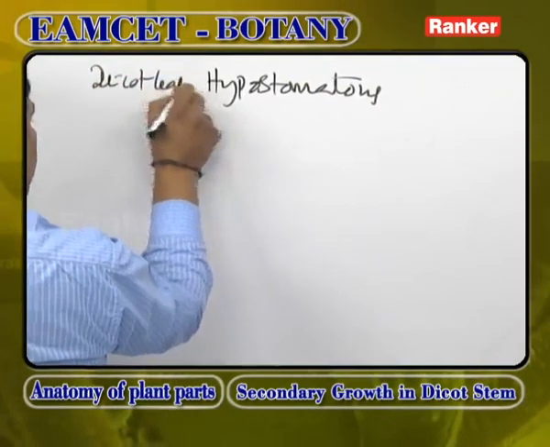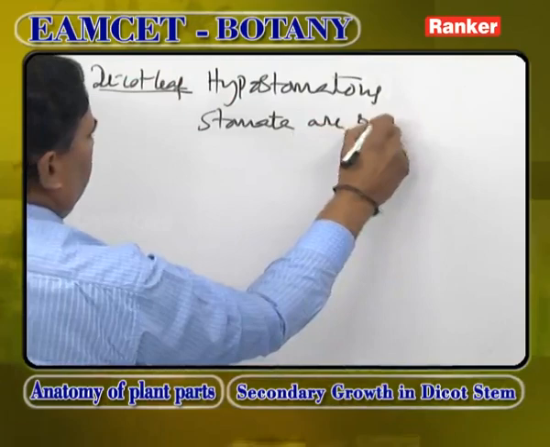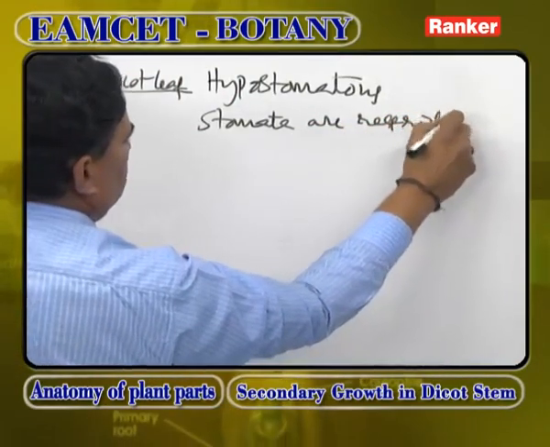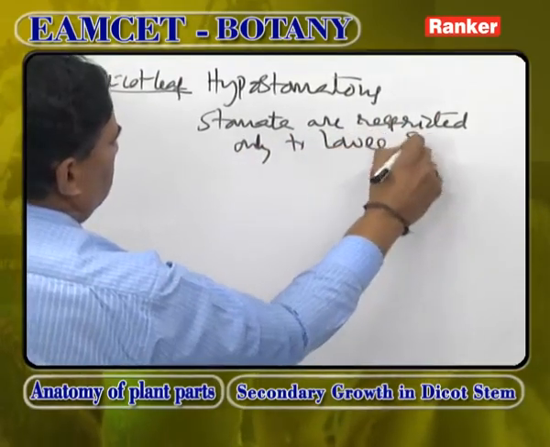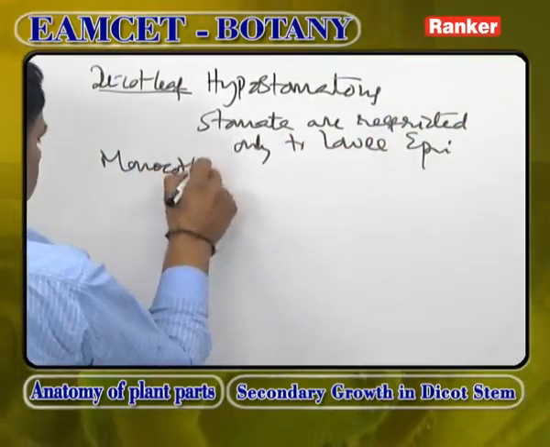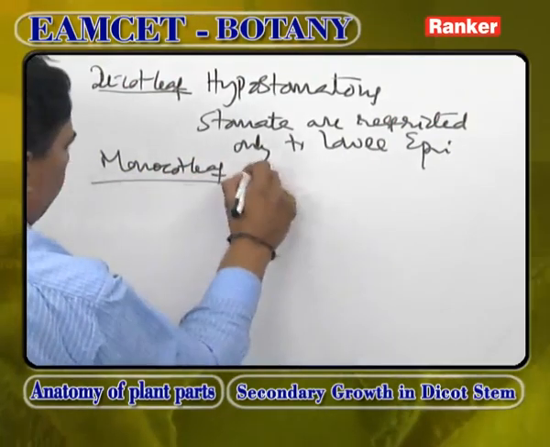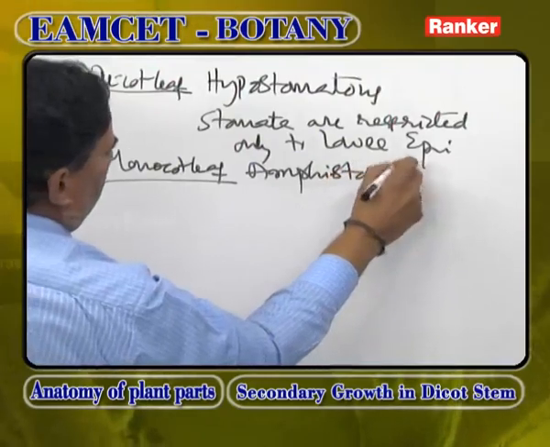What is hypostomatous? Stomata are restricted only to the lower epidermis. Monocot leaf is called amphistomatous.